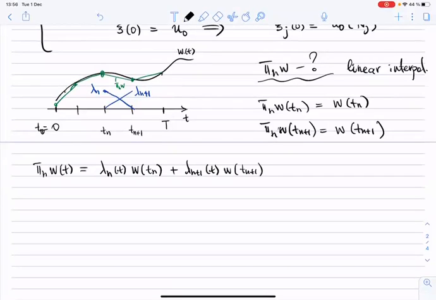So it's just the definition of interpolant. And you can quickly check that if t is equal to t_n, then lambda_n(t_n) is 1, but lambda_{n+1}(t_n) is 0. So the second term disappears, and we get the first condition for the interpolation. And if we put the second point here, then the first term is 0, so we get the second property that we had.